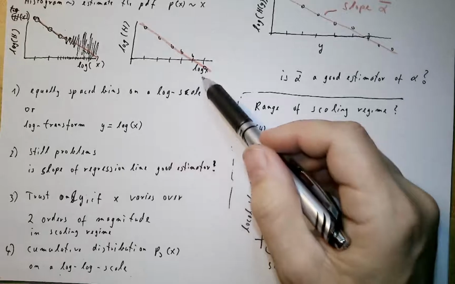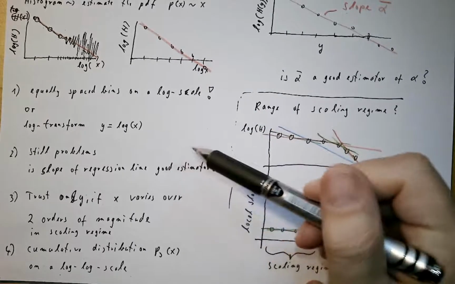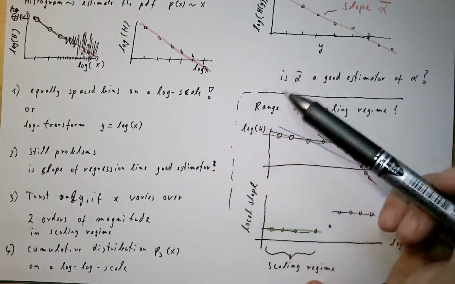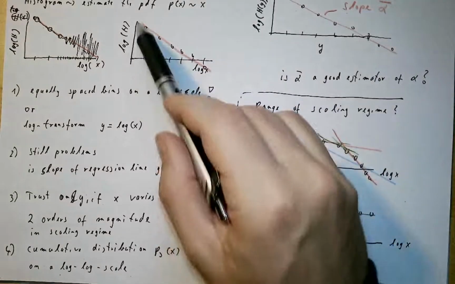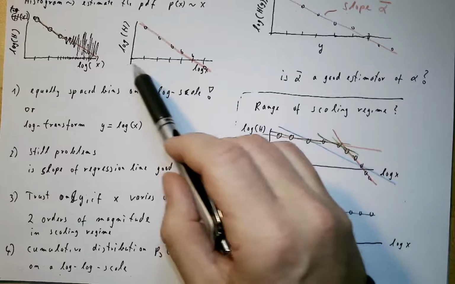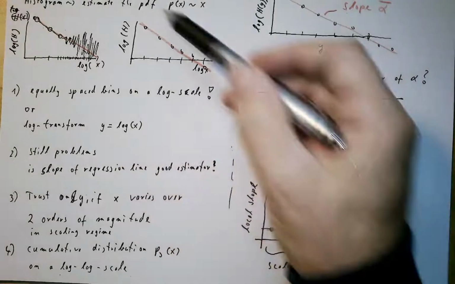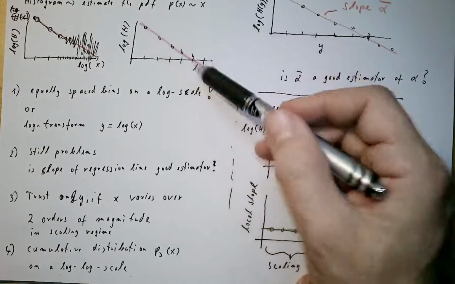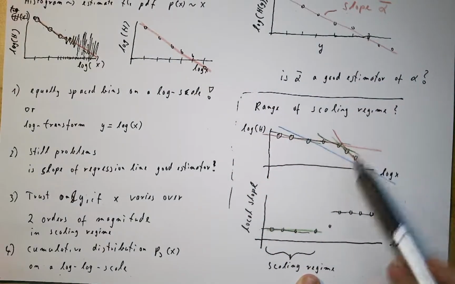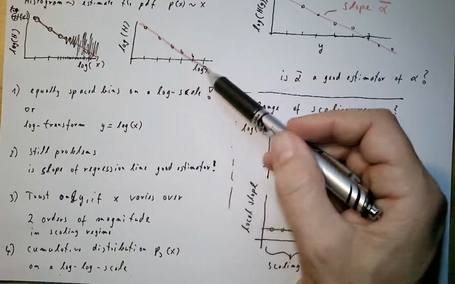There can be debates, but for practical purposes I would say it doesn't really matter so much. If you make such a histogram on a double logarithmic scale and you find something which looks like a straight line, maybe it differs a little bit but not so much as here, at least you have a long tail in your data.